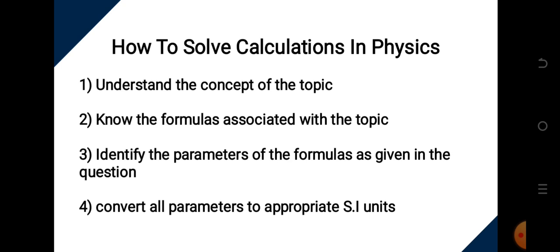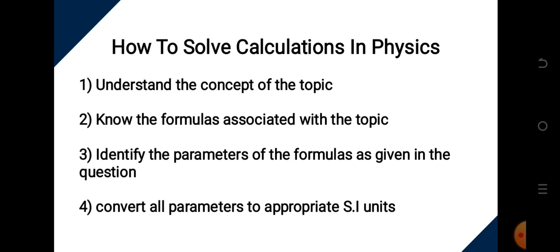Then number 3, identify the parameters of the formula as given in the question. If distance was given in the question, and in that equation of motion, distance represents s, for instance, v equals s over t. In that formula, v is speed, s is distance, and t is time.